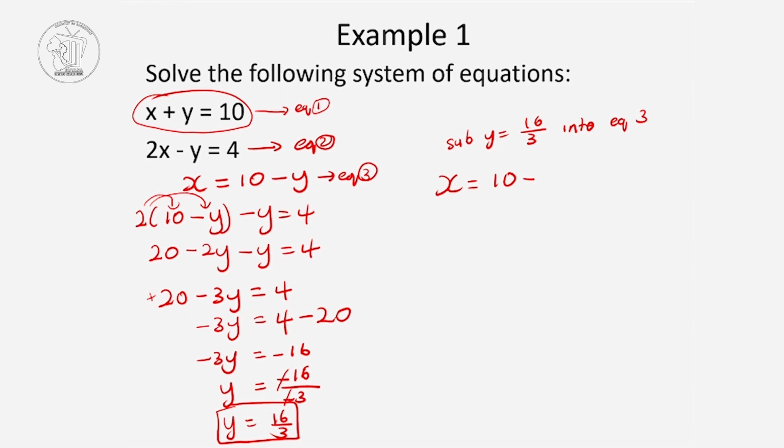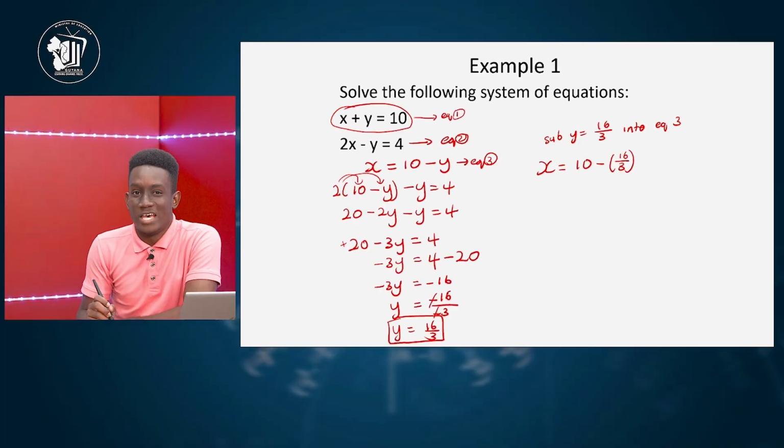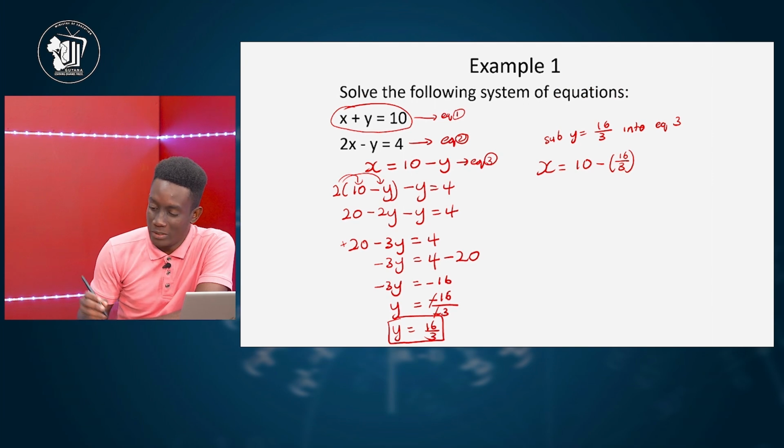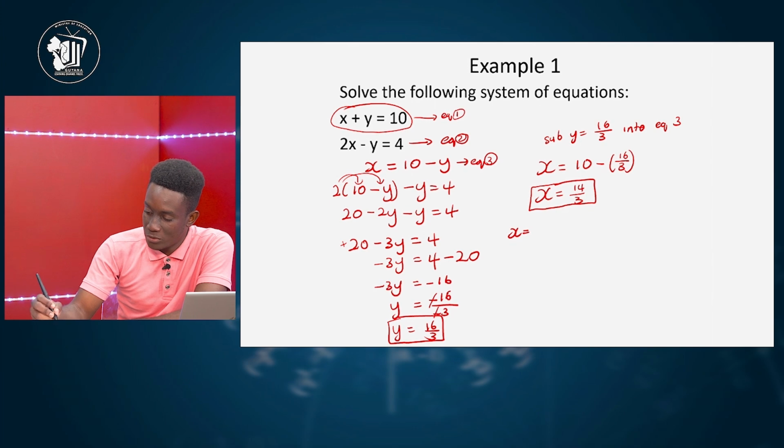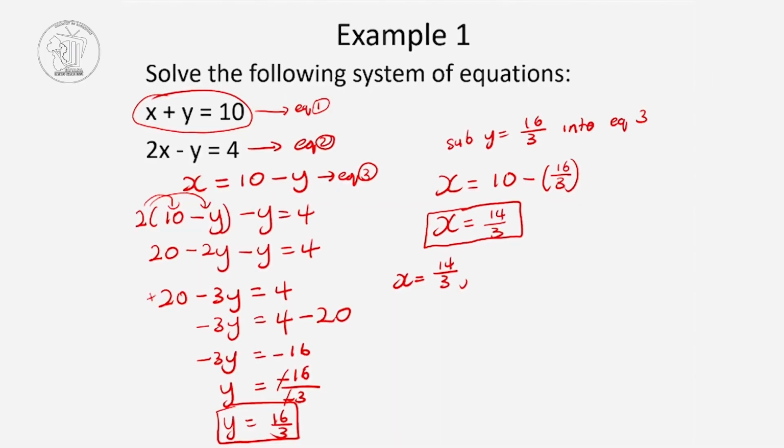So 10 minus y would become 10 minus 16 over 3. If we punch it in our calculator, we'll have x is equal to 14 over 3, and that would be our value for x. So we have x is equal to 14 over 3 and y is equal to 16 over 3.